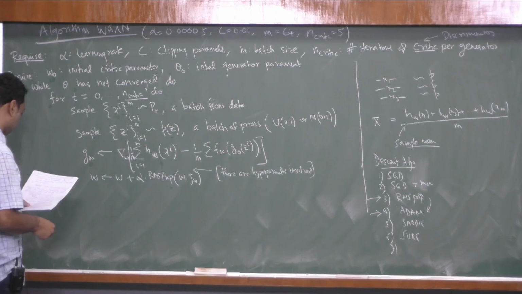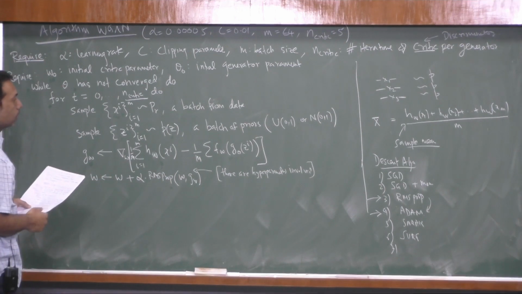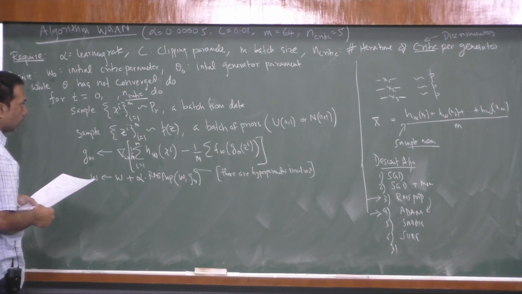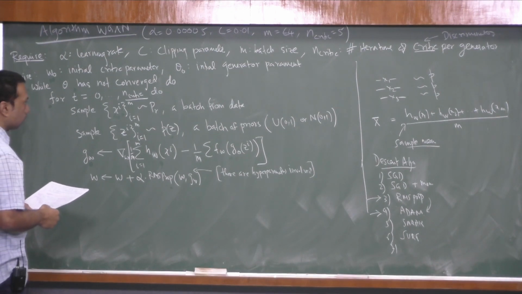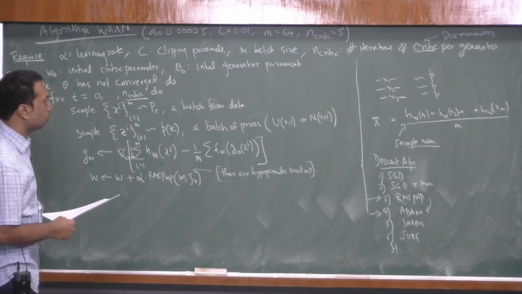Then we clip W itself. The algorithm clips W itself, because some Lipschitz continuity needs to be maintained.